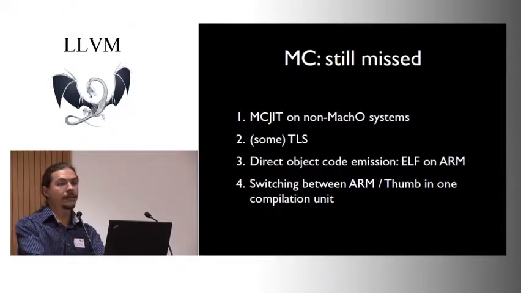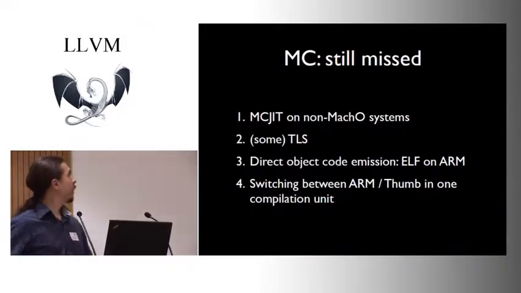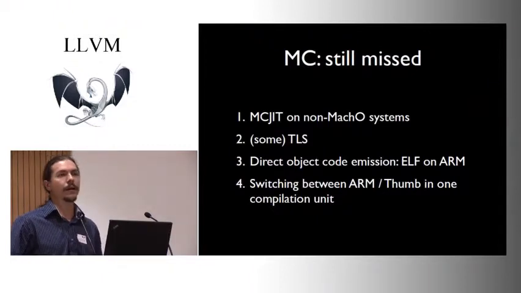What is still missing inside the machine code library? The first thing, and probably the biggest project here, is the MCJIT on non-Darwin systems. So one needs to write the ELF loader for the MCJIT and probably fill some other gaps there.